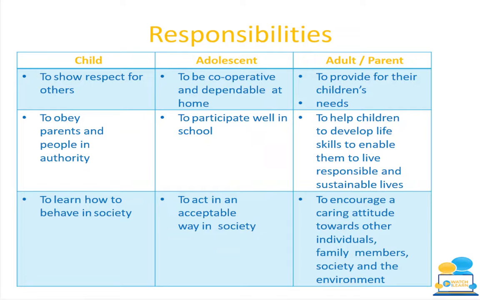So, for example, how to put on socks, how to turn on a light, how to make their breakfast, how to zip up a zip, how to tie shoelaces, life skills, teaching them how to cook and do stuff which will enable them to be effective members of society. Parents also have the responsibility to encourage a caring attitude towards other people, not just people in your family, but people in the wider community as well.